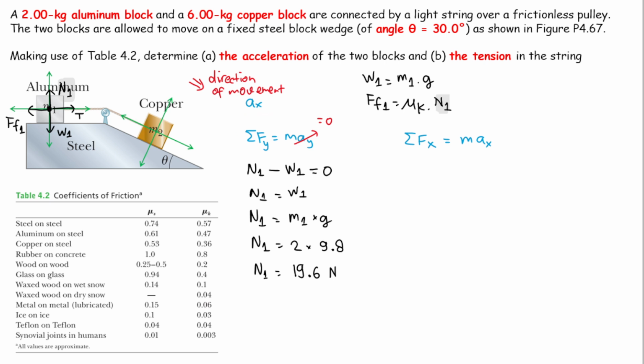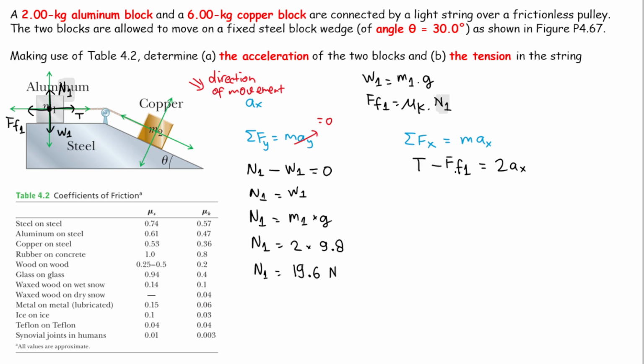On the positive direction, I will have T, and on the negative direction, I will have FF1, so minus FF1. And that will equal the mass of the block, which is 2, multiplied by Ax.